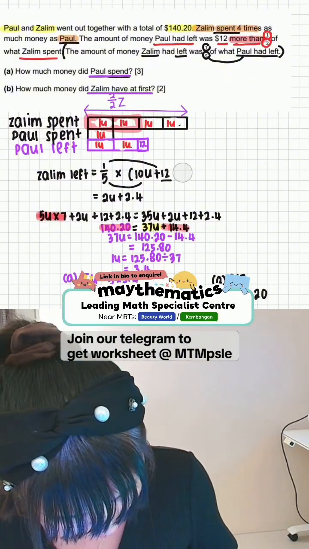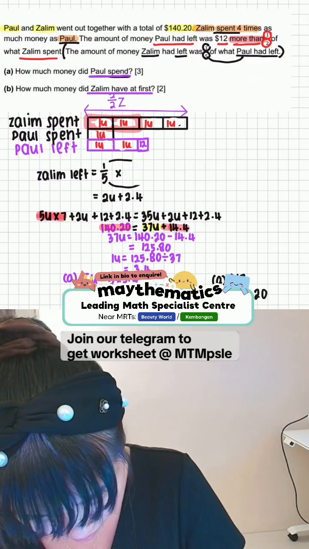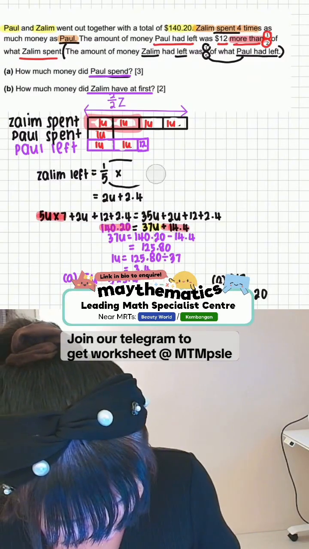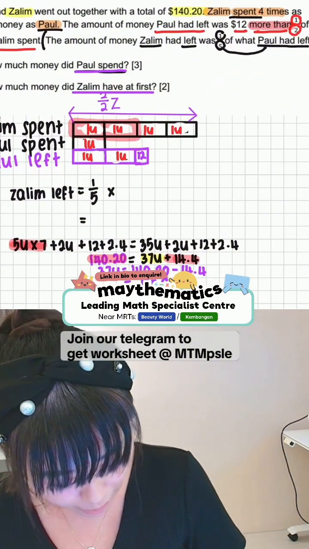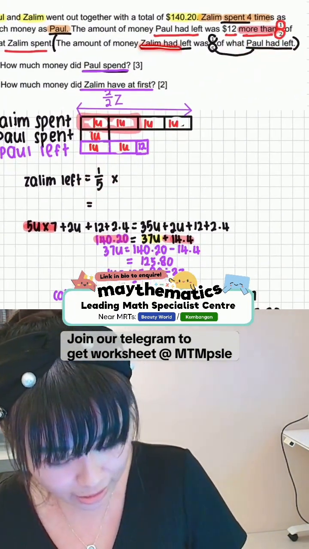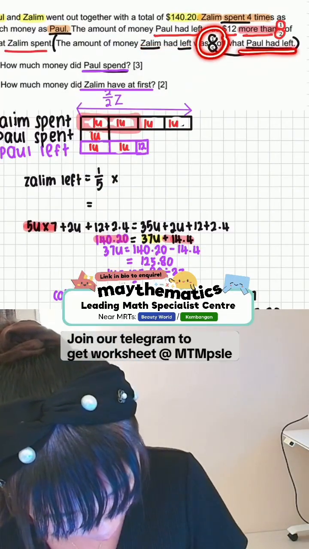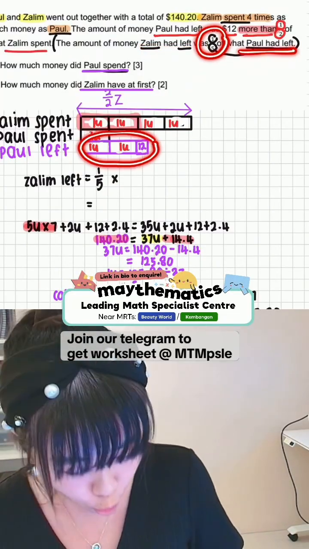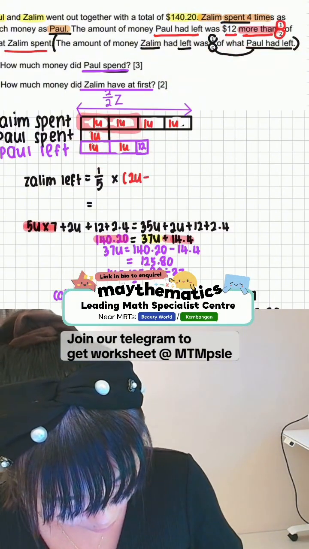Instead of 10 units plus 12, I'm going to take 1/5 of whatever Paul had left. That is what Zalim had left, which is 1/5. So I will take 1/5 of 2 units plus 12, which is also okay.